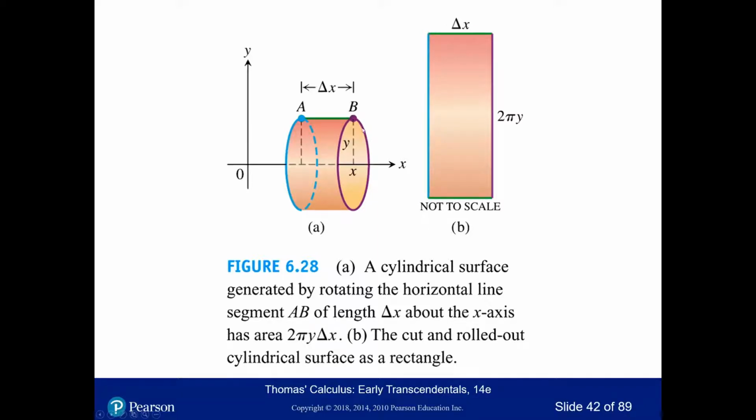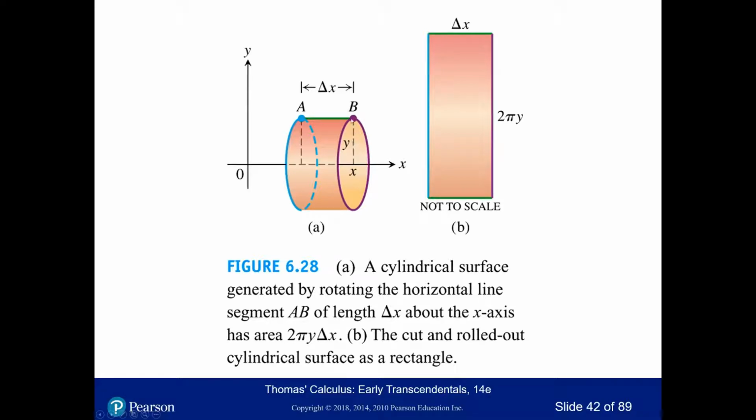So if you look at figure A, we have the width of the rectangle is actually just delta x, the change of x value from point A to point B. Now the height or the radius of the circle is going to be y, which is the function value, right?